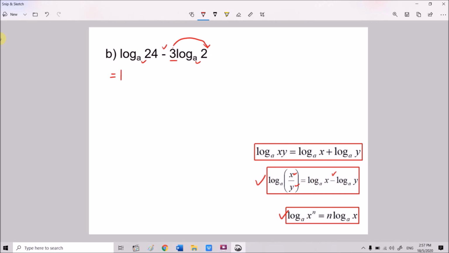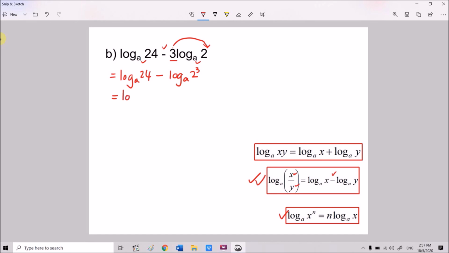So we rewrite this, it becomes log base a of 24, and we have log base a of 2 to the power of 3. Then we can perform the division law.